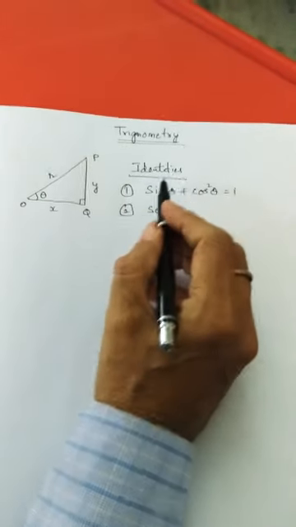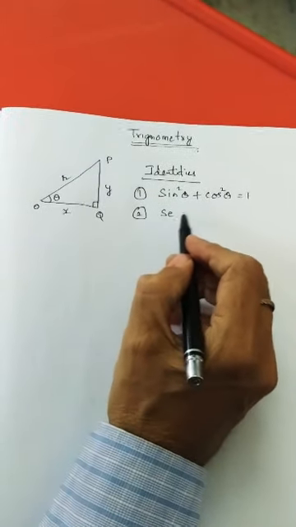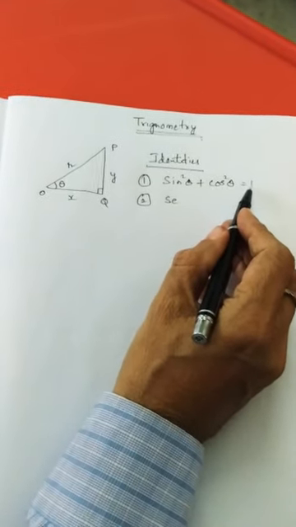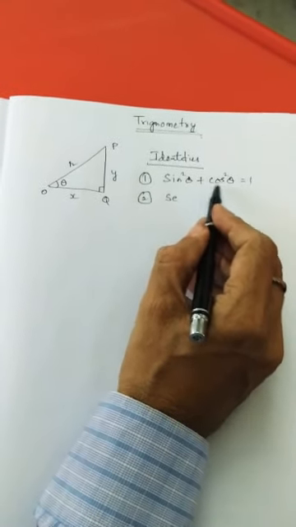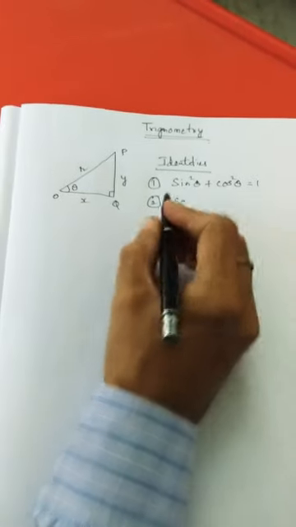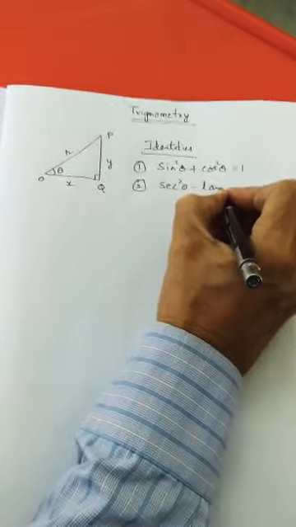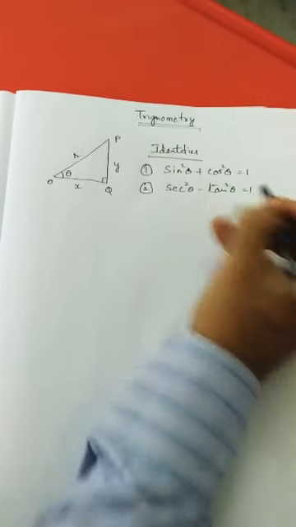Regarding the identities in trigonometry, I told you that we have three identities. The first one is sine square theta plus cos square theta is equal to 1. This we already proved in our previous video class. The second is secant square theta minus tan square theta is equal to 1.